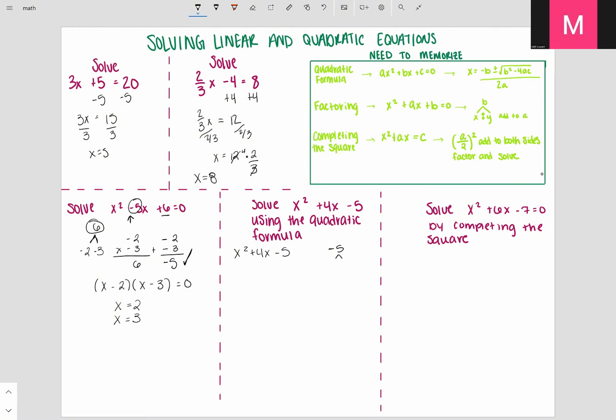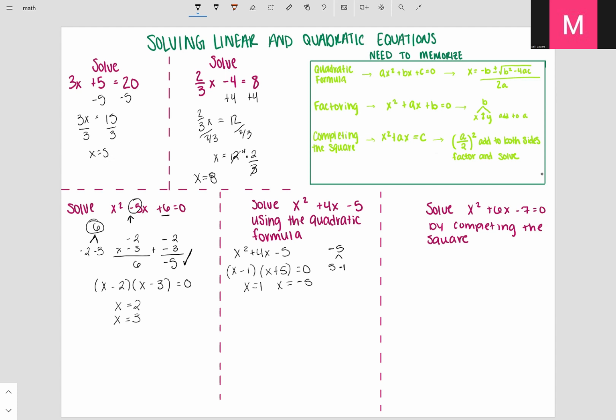So this one will be 5 and 1, and we'll make the 1 negative. So we have 5 times -1 equals -5, and 5 minus 1 equals 4. So we'll have x minus 1 and x plus 5 equals 0. x equals 1 and x equals -5.